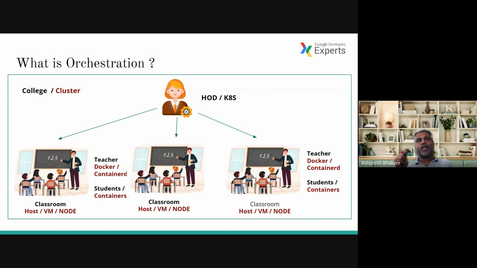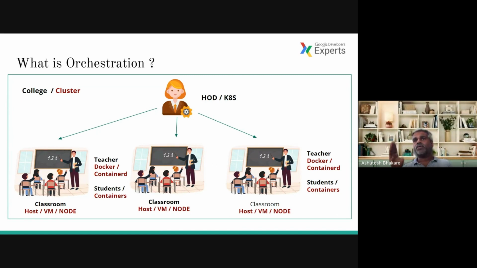And we have something called a teacher, which is like Docker or containerd. Docker or containerd is a runtime, a software which manages the containers, like a teacher manages or teaches students. In the same way, Docker or containerd is basically a library which manages the containers on a single host. You cannot manage them over multiple hosts.